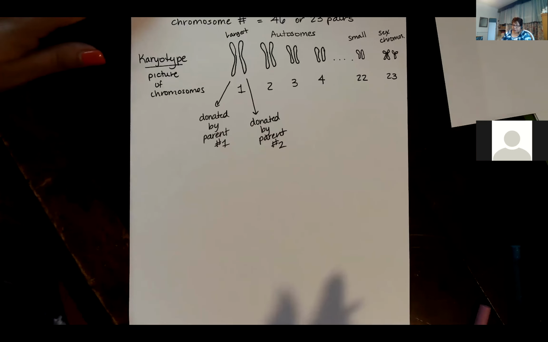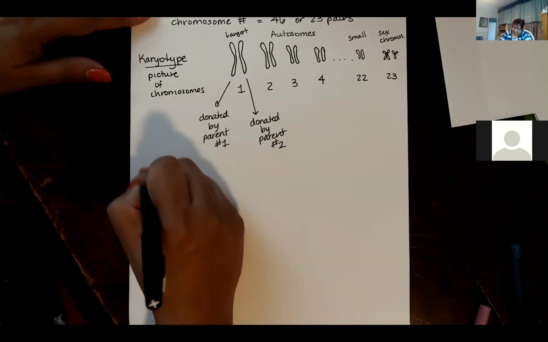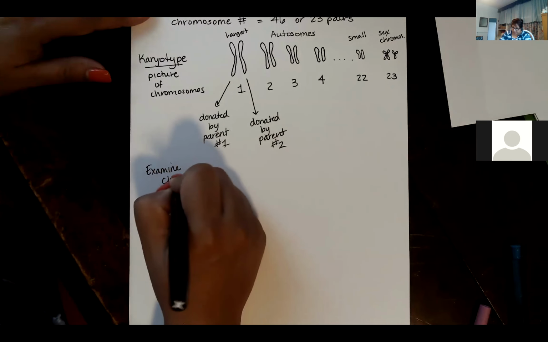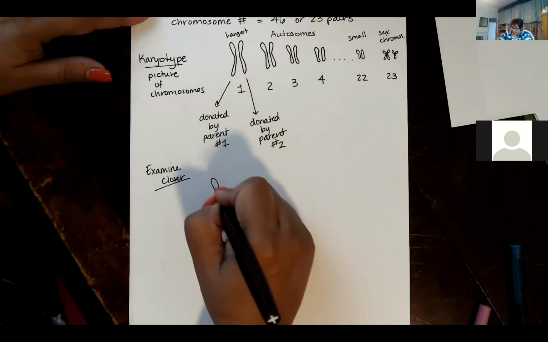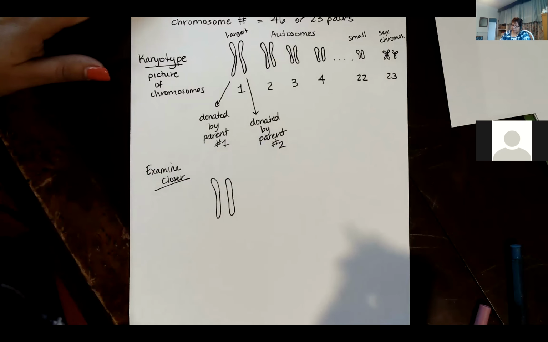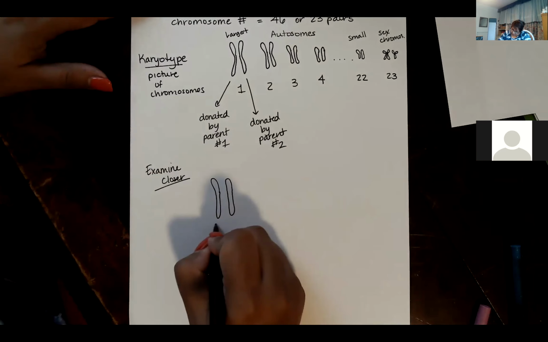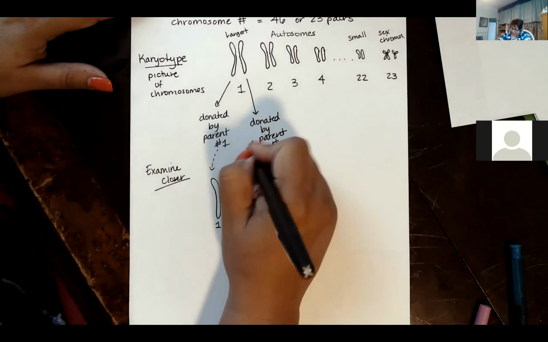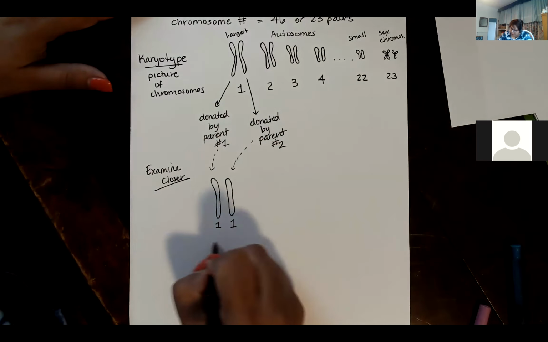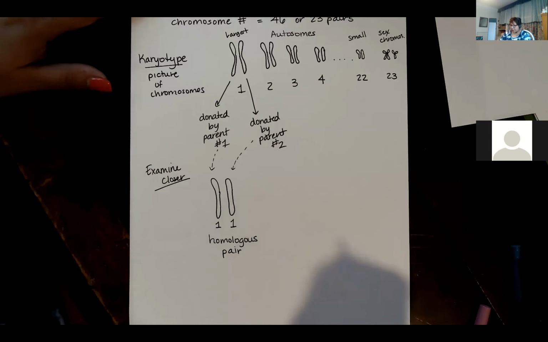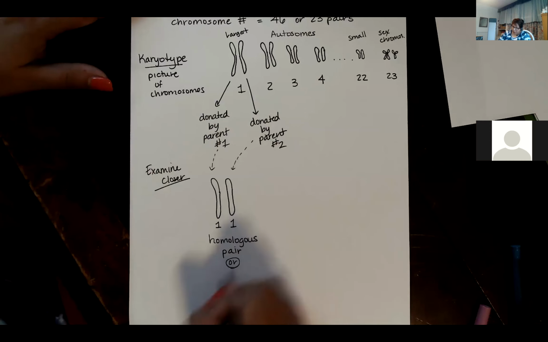When we examine pair number 1 closer, this is number 1 from your mom, this is number 1 from your dad. We refer to them as a homologous pair. Sometimes we call them homologs.